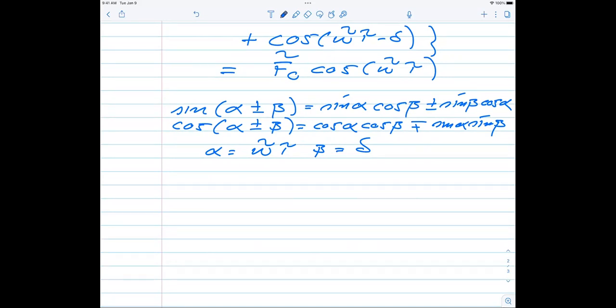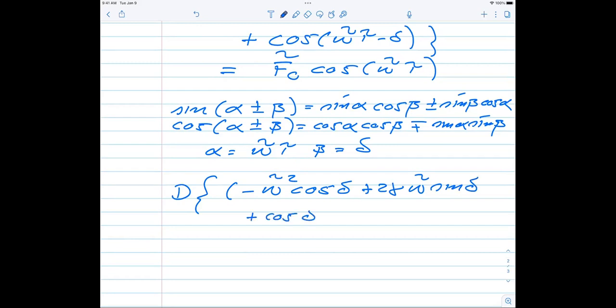So I get D multiplied with minus omega tilde squared, times cosine delta, plus 2 times gamma omega tilde times sine of delta, plus a cosine of delta, multiplied with cosine of omega tilde times tau.